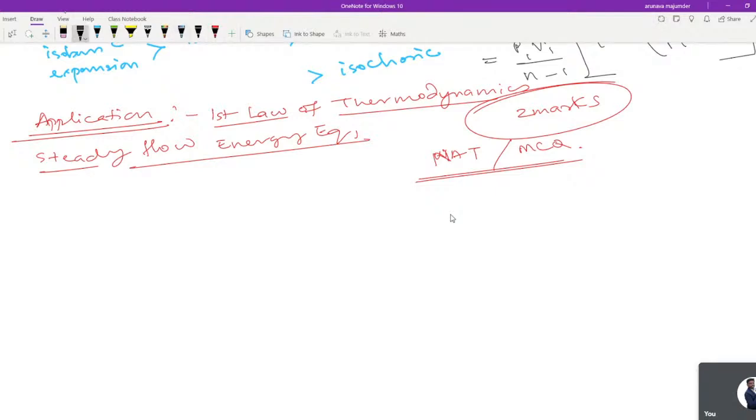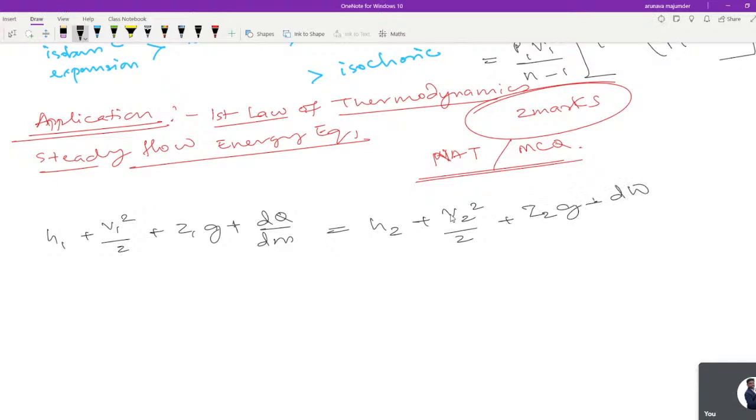So I will just write down the formula over here. H1 plus V1 square by 2 plus Z1 g plus dq by dm equals H2 plus V2 square by 2 plus Z2 g plus dw by dm.